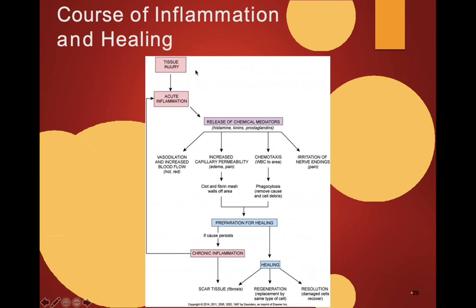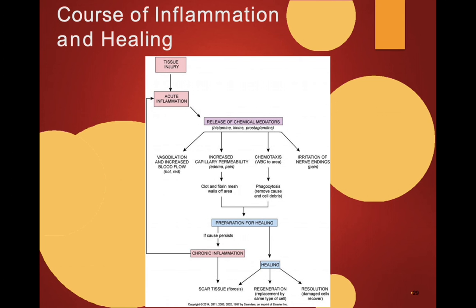So in terms of the course of inflammation and healing, we have some sort of tissue injury, and in the very beginning, you've got acute inflammation. So you're going to have the release of these chemical mediators: histamine, kinins like bradykinin, and the prostaglandins, the PGs. Some prostaglandins are pro-inflammatory, and there are some that are anti-inflammatory. They're not all bad.